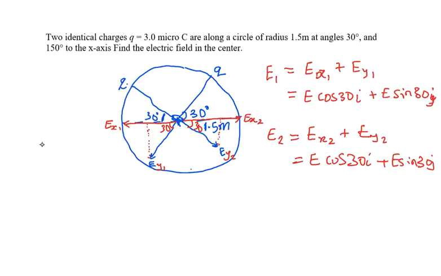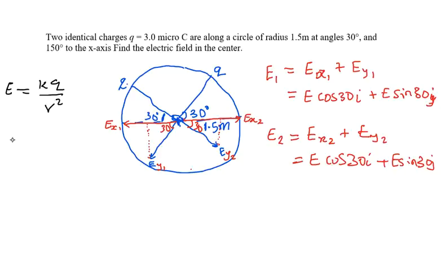So calculating the value of E, we know that the electric field E is equal to KQ over R squared, right? Since both of them are the same value, we'll go with this.